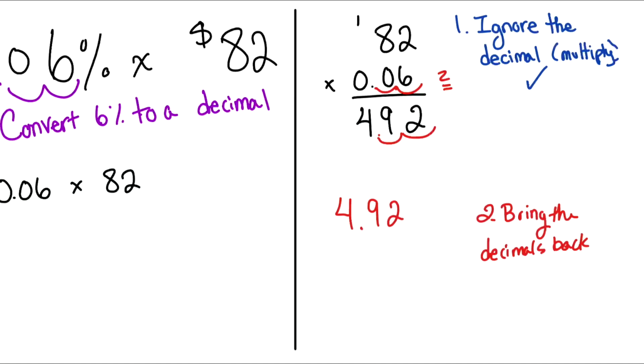You simply want to count the total number of decimals that you have between the first 2 numbers. So nothing up here, so that counts as nothing. But then here we have 1, 2. So that's what we'll bring back. 4.92. And that's how we get that final answer.